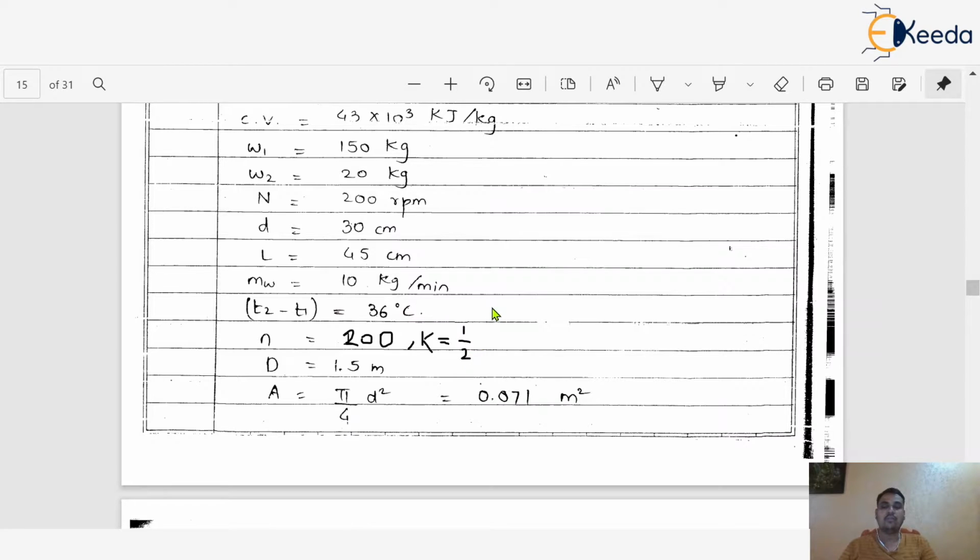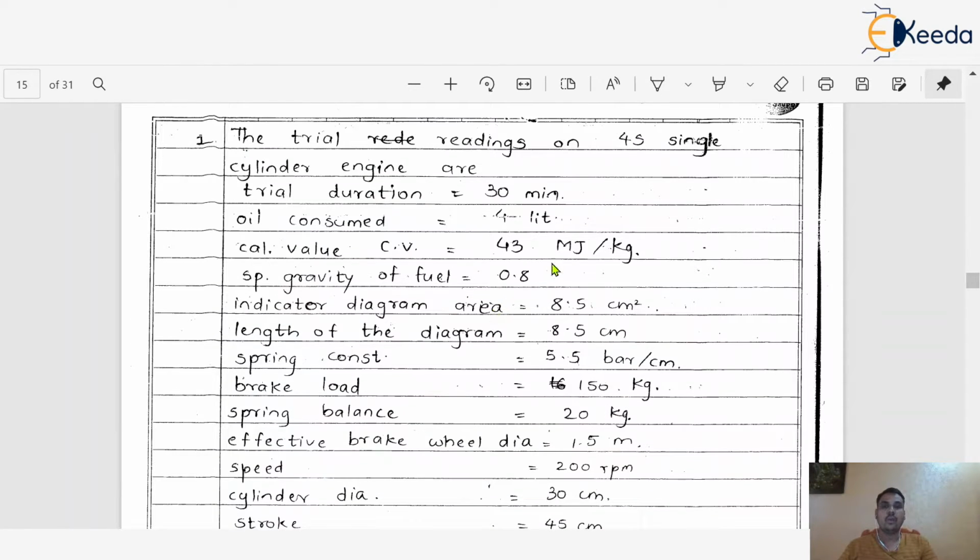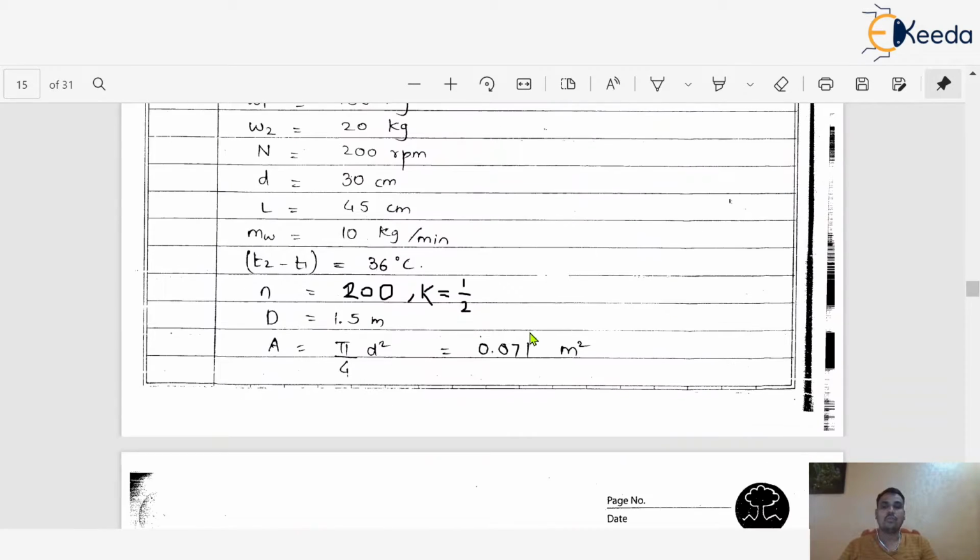Because in the problem a 4-stroke single cylinder engine is given, for the 4-stroke engine the value of K is always 1/2, because there are only 2 revolutions of the crankshaft. So we can consider this value as 1/2, and generally we have to consider the RPM which is given in the problem. Further calculation will discuss this value.